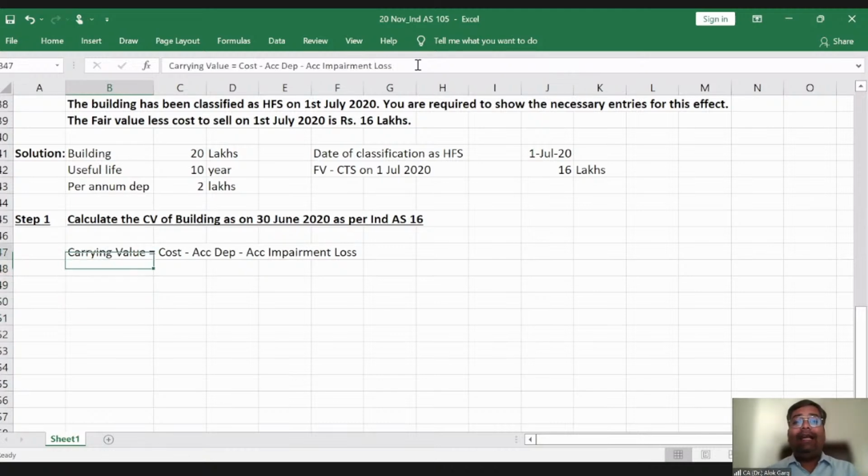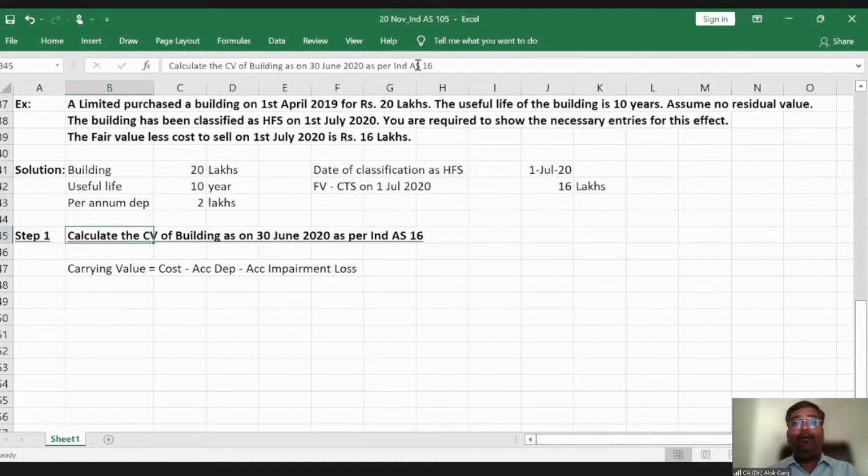What will be the carrying value on 30th June 2020? Please compute. What was the cost? Cost is 20 lakhs. What is the depreciation for 19-20? It is 2 lakhs.